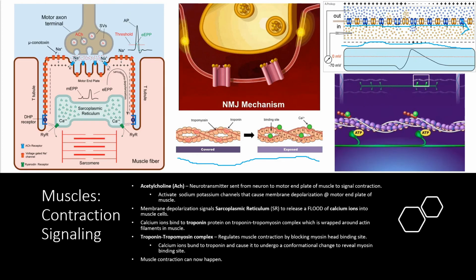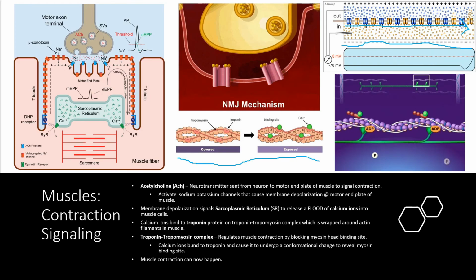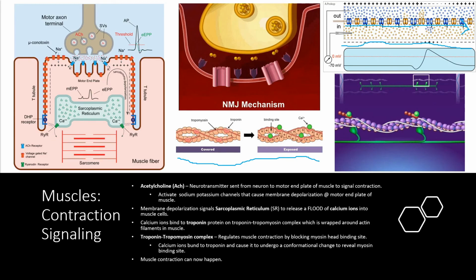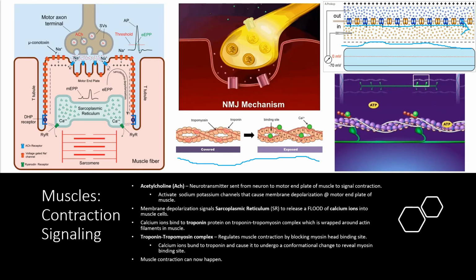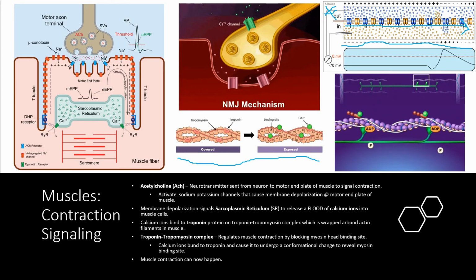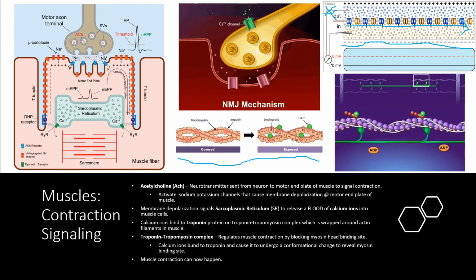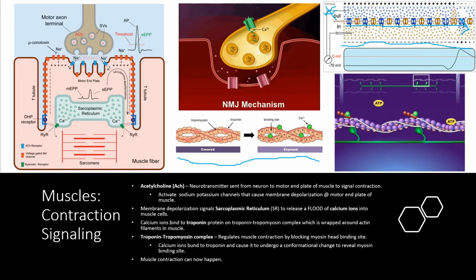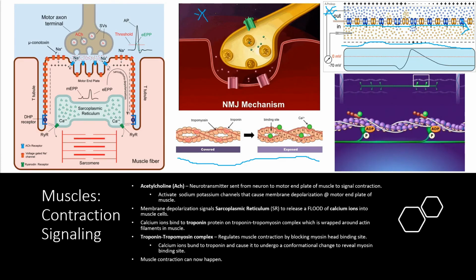The images provided just give you a little bit more clarification of how this whole signaling and contraction of muscles works, from the action potential and a demonstration of that. We also have another demonstration of the action potential and signaling at the neuromuscular junction in this GIF right here in the center.